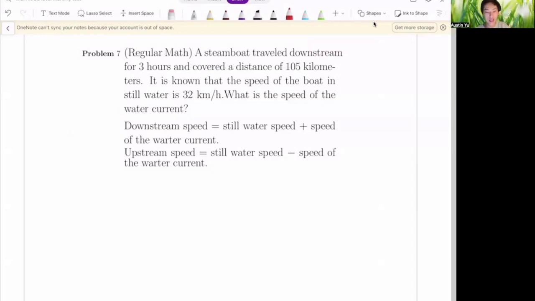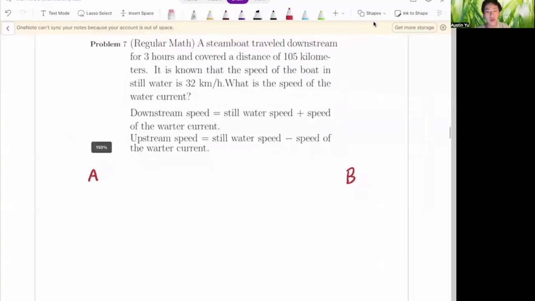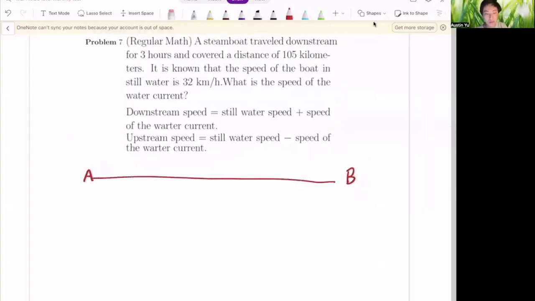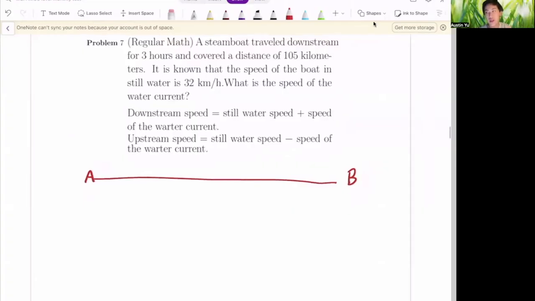So let's first establish A and B. These are the two docks, right? The distance is 105 kilometers. And then the downstream time is going to be 3 hours.